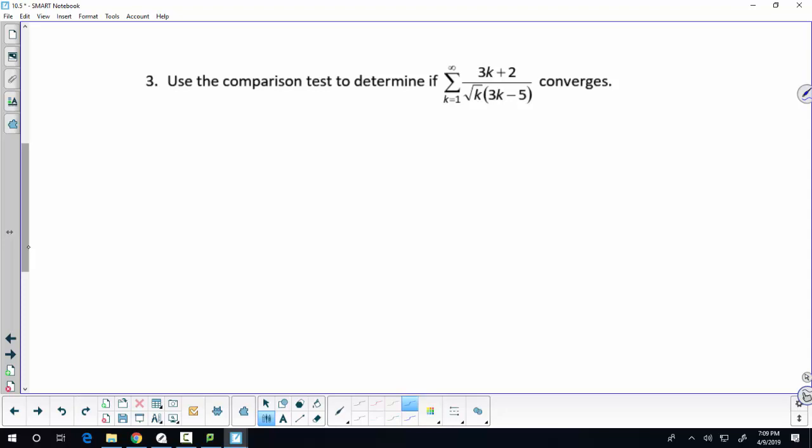It's inconclusive, right? So the divergence test here is inconclusive. What do we want to compare with? Which would be what power?